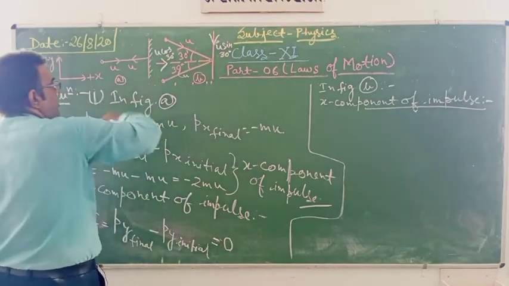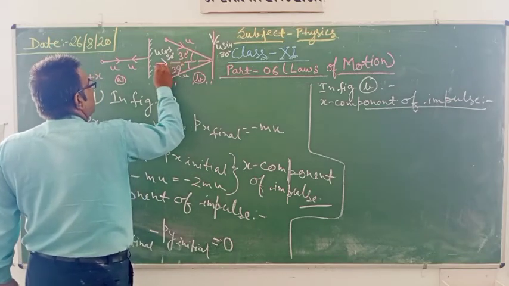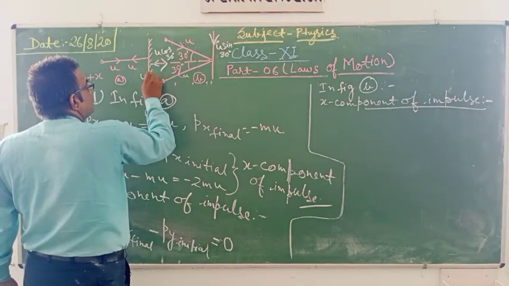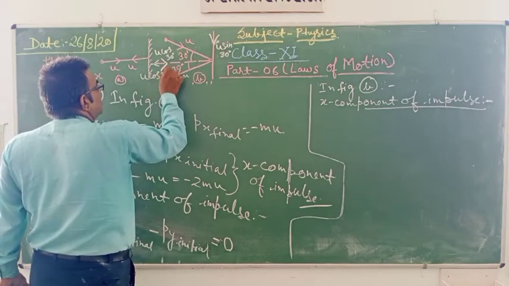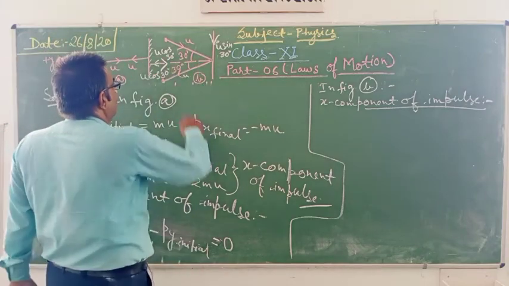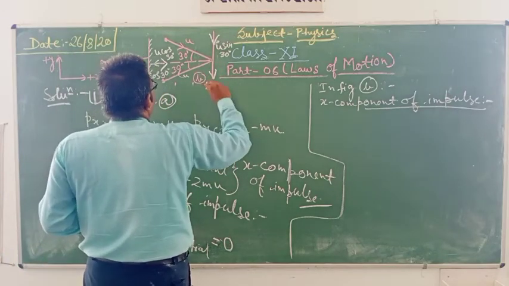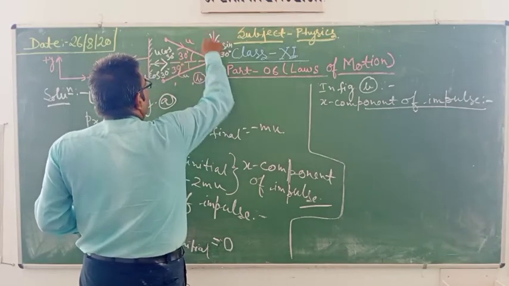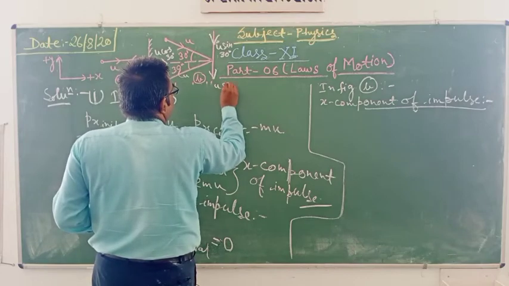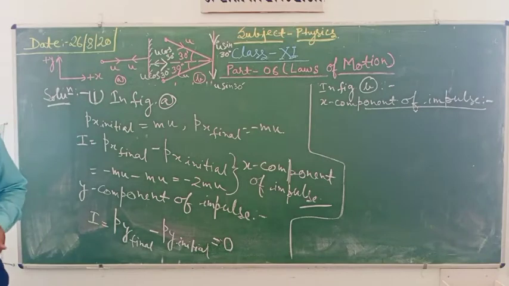Again, for the rebounding velocity, you will get the component in this direction, that is u cos 30 degree, because this is going outward, so its component is in the outward direction, and this component is u sin 30 degree.